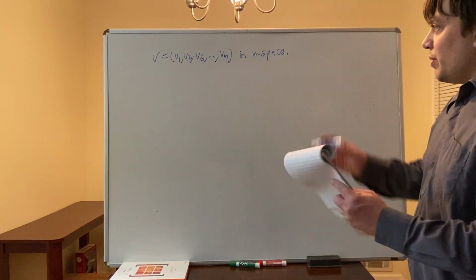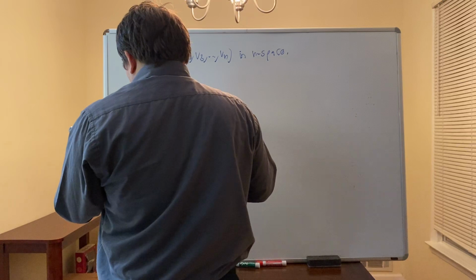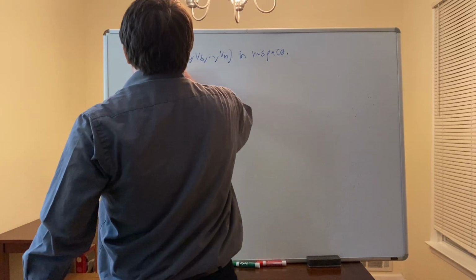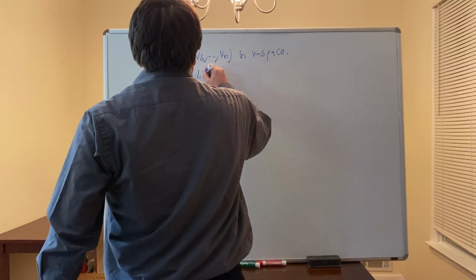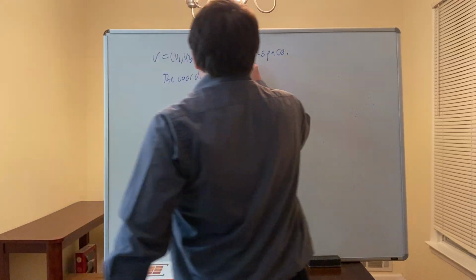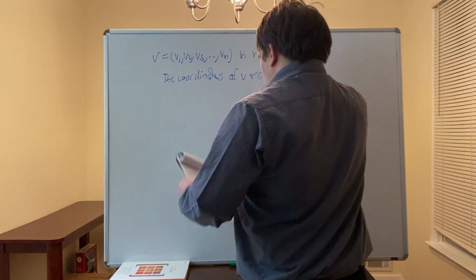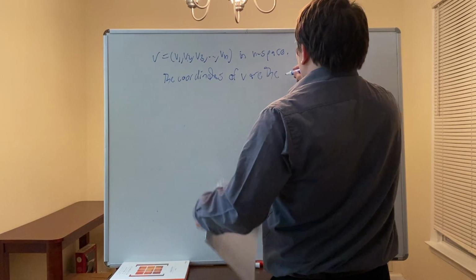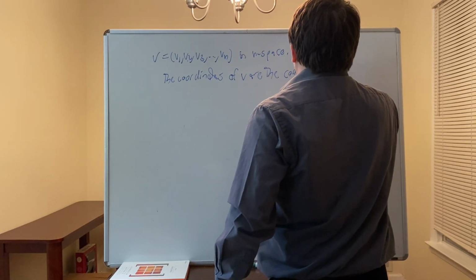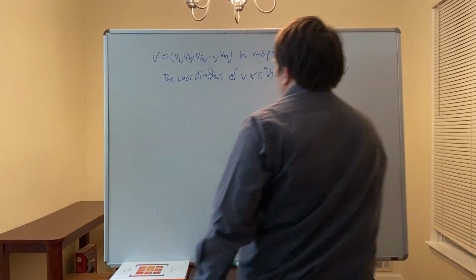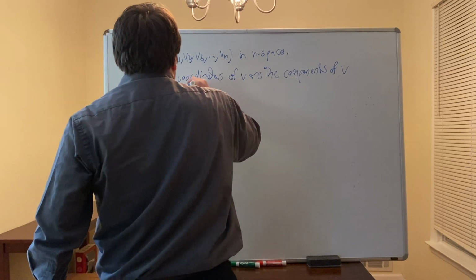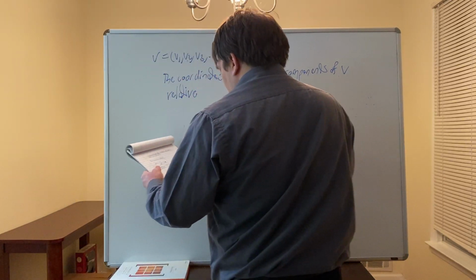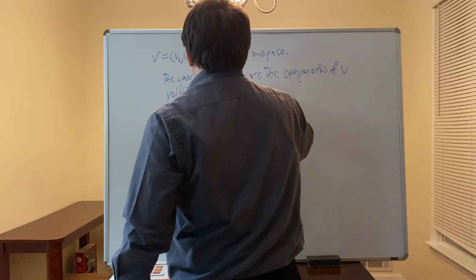So we have a vector in n space, and the coordinates of v are the components of v relative to the coordinate system that it's in.